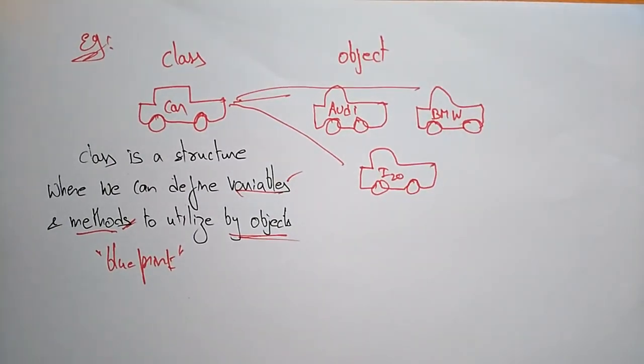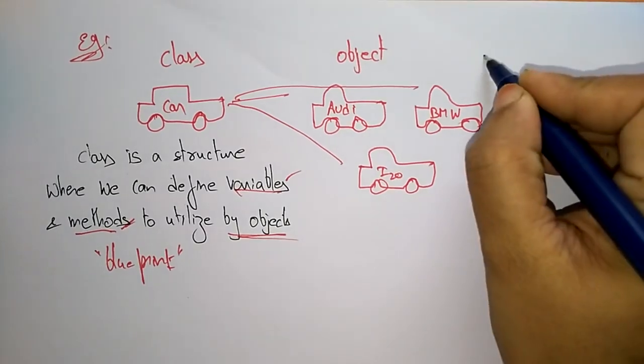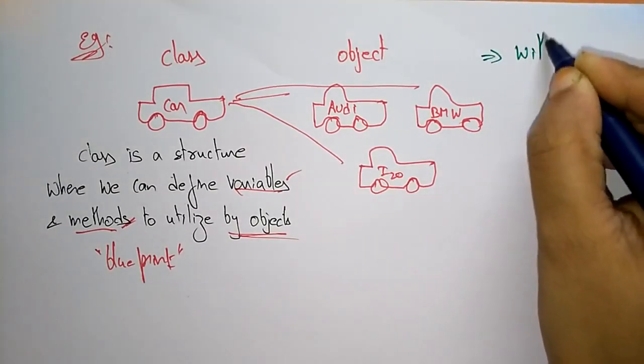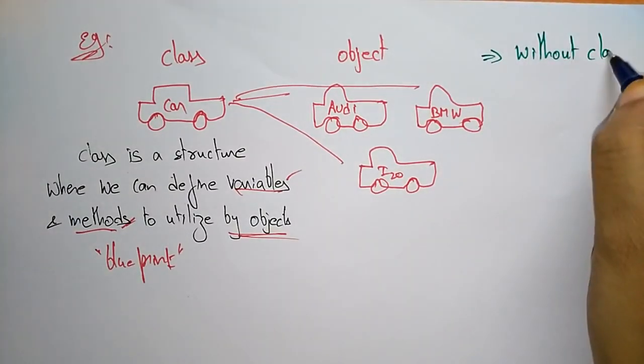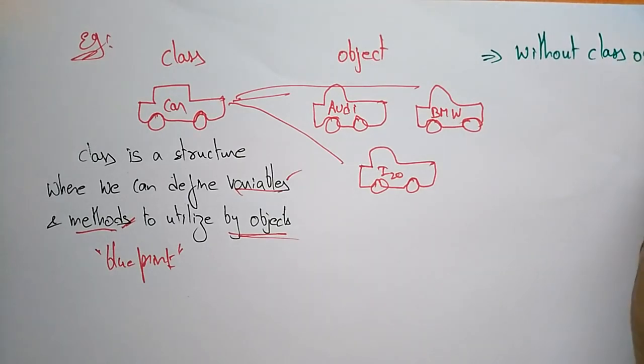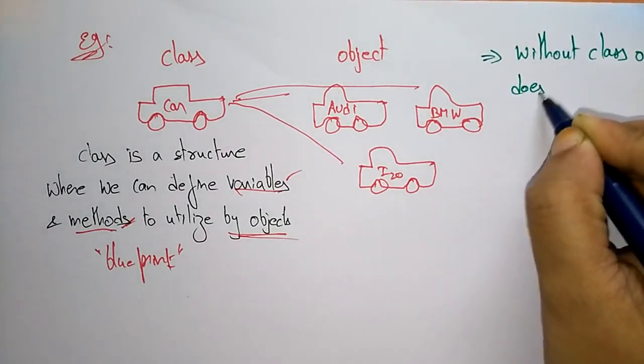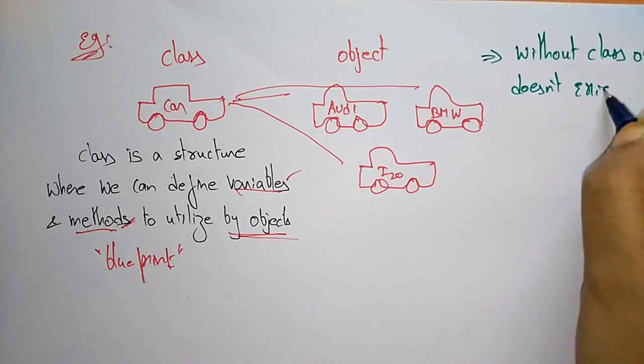In other words, without object we can use only the static functions of class. That means the first thing is, without class, objects do not exist.